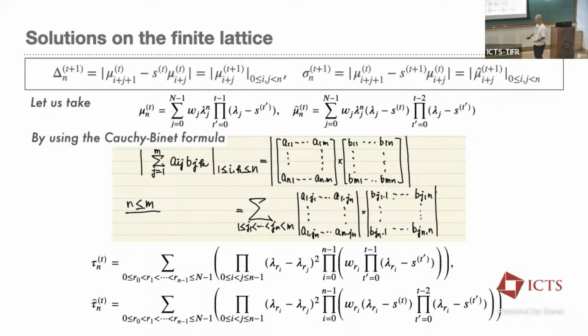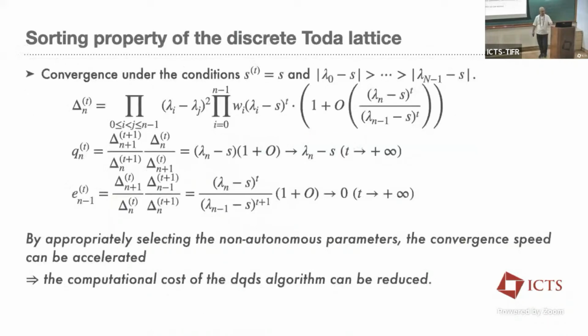Anyway, we have this type of expression by using the Cauchy-Binet formula. And then after getting this expression, it's easy to address the convergence problem for the discrete non-autonomous Toda lattice. But in this case, of course, we have to shift the parameter at some point. Usually in the application, s should be taken as a constant.